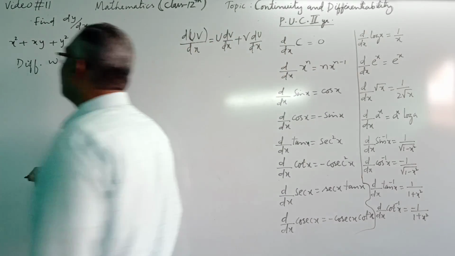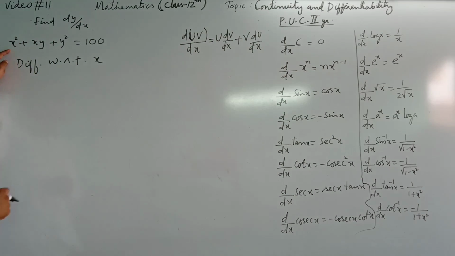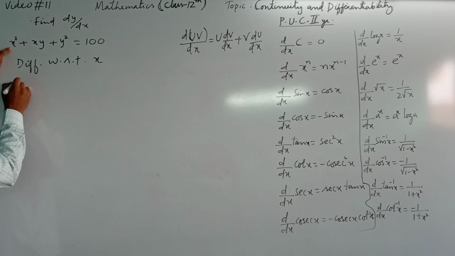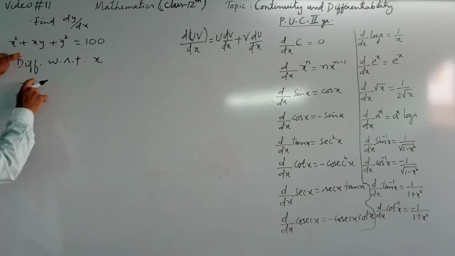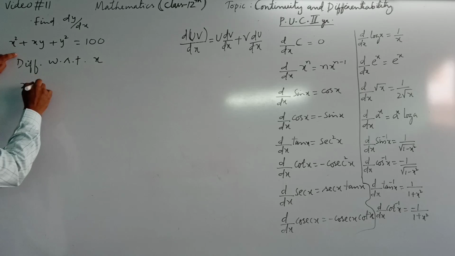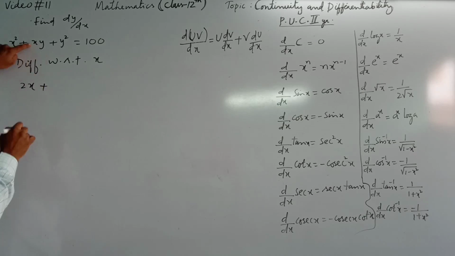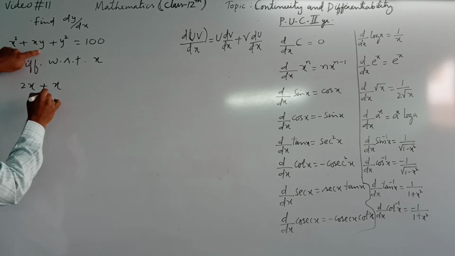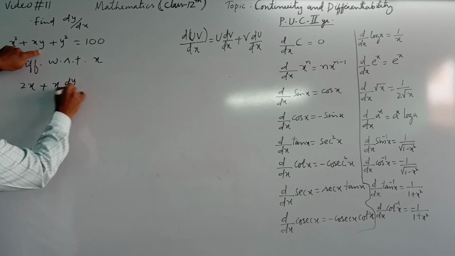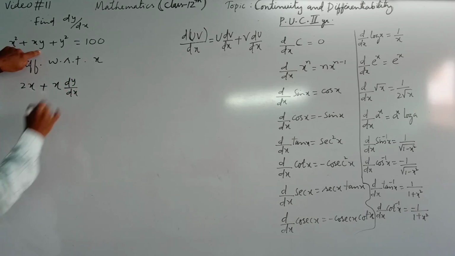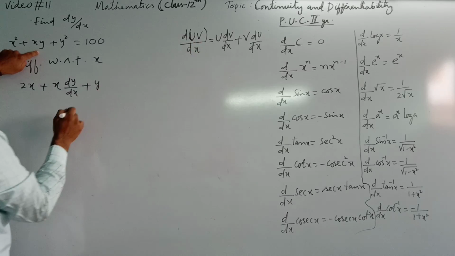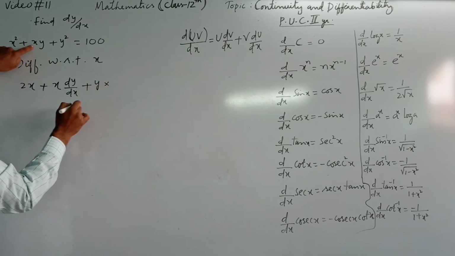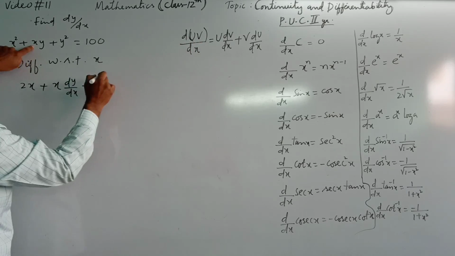So the differentiation of x square is 2x because 2 multiply here and 2 power decrease by 1, 2 minus 1. Plus, here this is u as it is, differentiation of y with respect to x is dy by dx, plus second function v as it is, y as it is into differentiation of first du by dx, right?